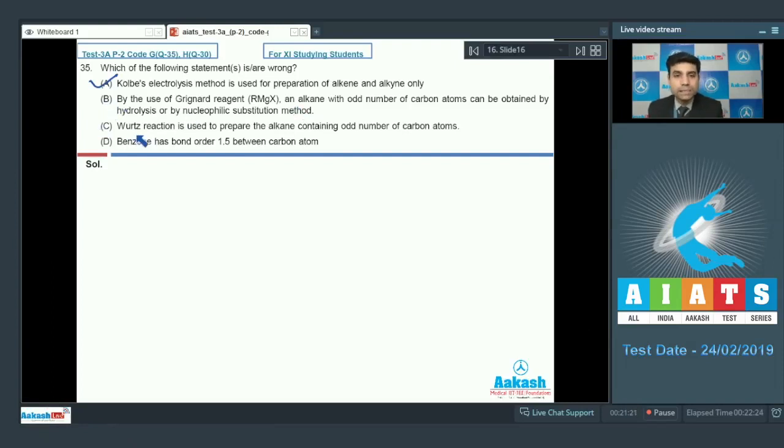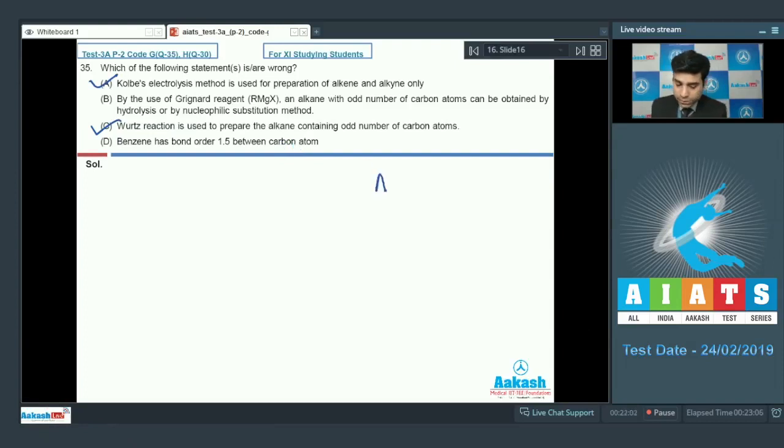If I talk about the C statement, it says Wurtz reaction is used to prepare the alkane containing odd number of carbon atoms. Students, statement C is wrong because by Wurtz reaction we can form the alkane having even number of carbon atoms only. If I talk about the D statement, it says benzene has bond order 1.5 between carbon atom. This is a right statement. Benzene has bond order 1.5.